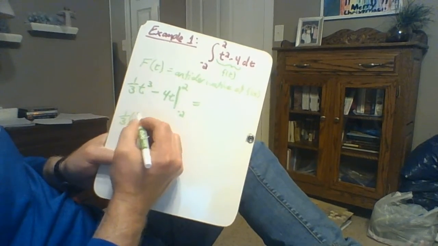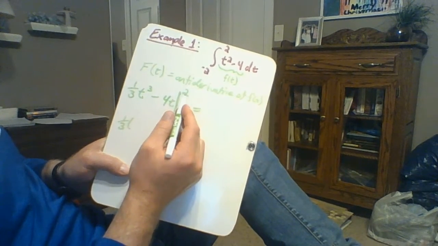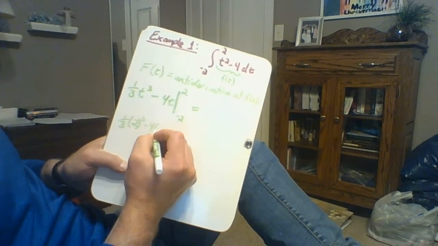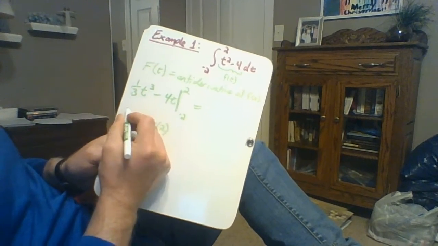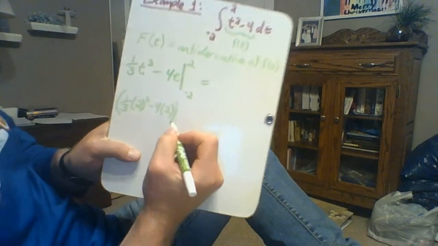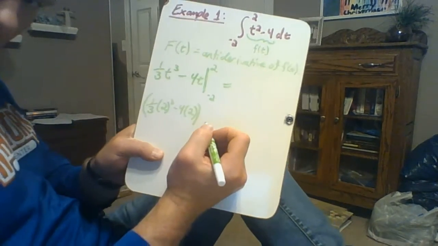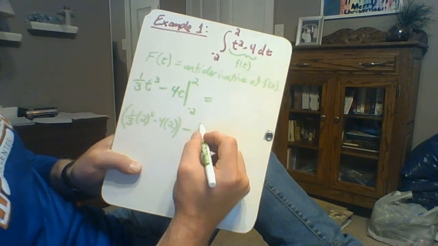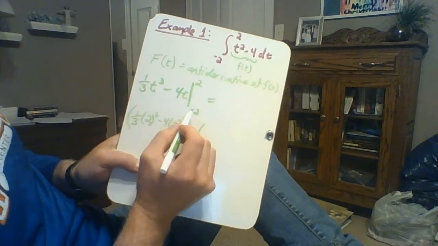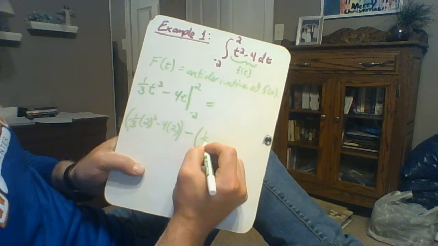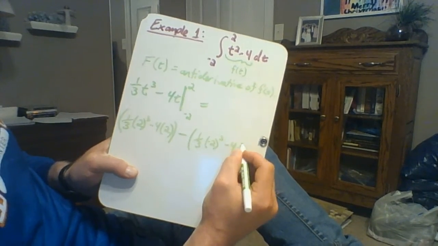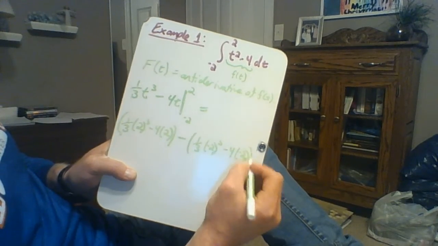1/3 of, so yeah, start with the upper boundary first, so 2 cubed minus 4 times 2. And really I should put all that in parentheses. Then I'm going to subtract this whole thing evaluated at the lower boundary, which is 1/3 of -2 cubed minus 4 times -2.